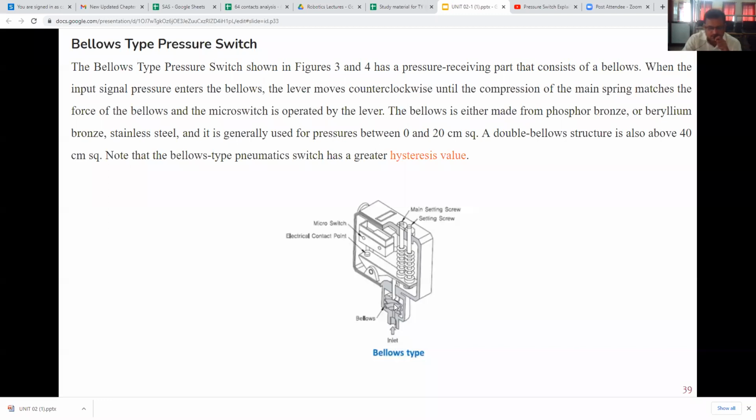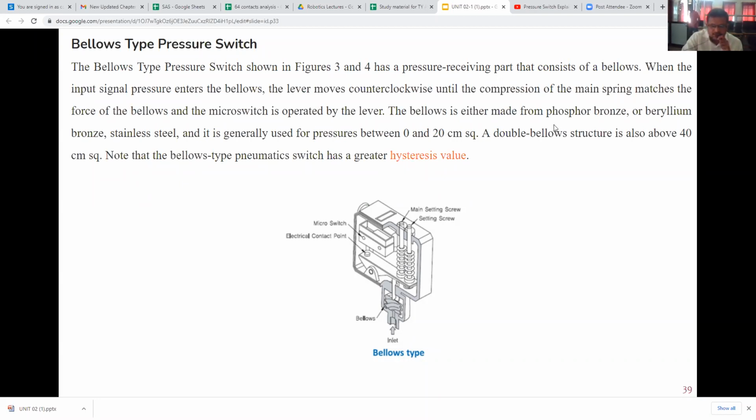This bellows is going to expand, and since this lever is there, what will happen on this lever? Screws are placed, and on these screws springs are there. Therefore, when this lever goes up, the spring will get compressed.